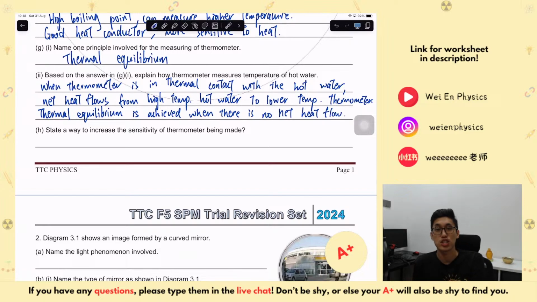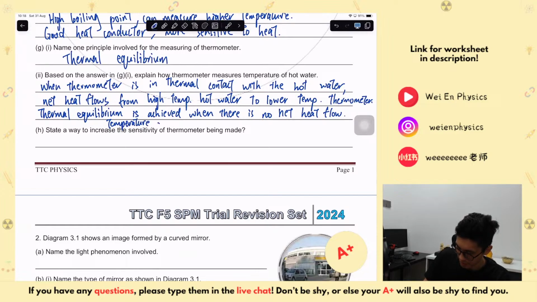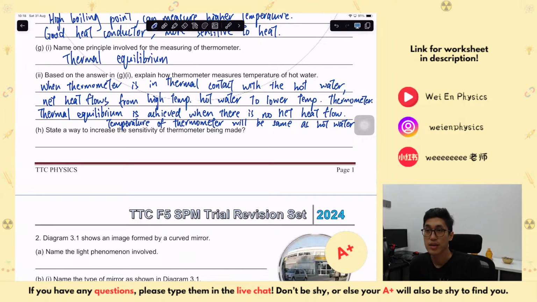You must mention thermal equilibrium will happen. And when thermal equilibrium happens, that means the temperature will be the same. The temperature of thermometer will be the same as hot water.